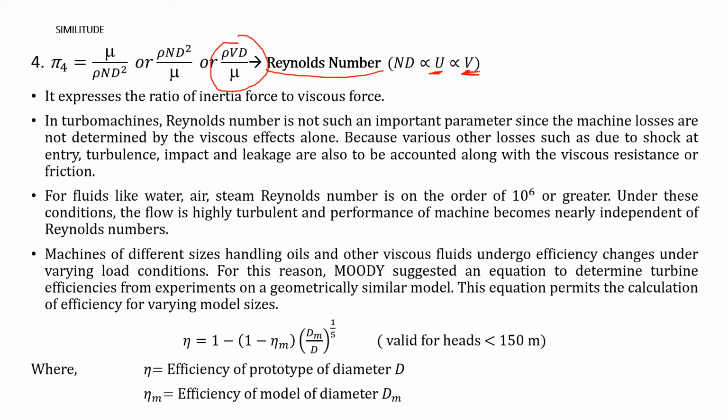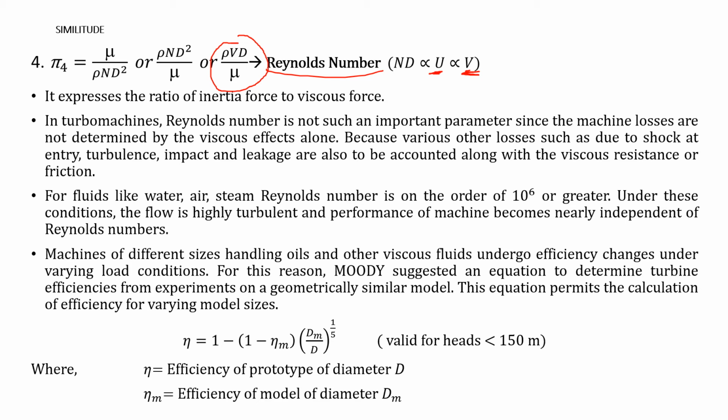In turbo machines, the Reynolds number is not such an important parameter because the losses are not due to viscous effects alone. There are other kinds of losses like shock at the entry, turbulence, impact and leakage, which are accounted for along with viscous resistance and friction.